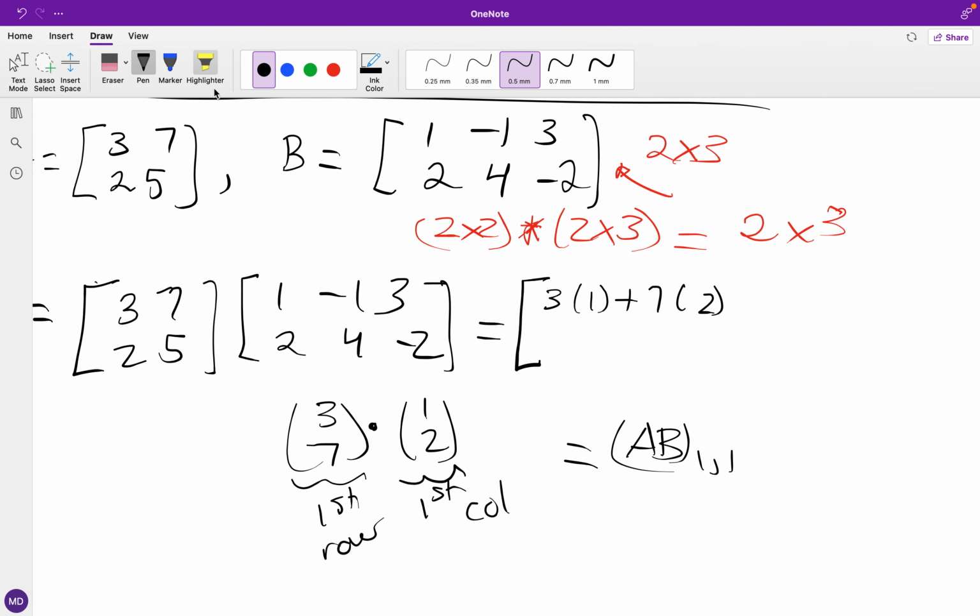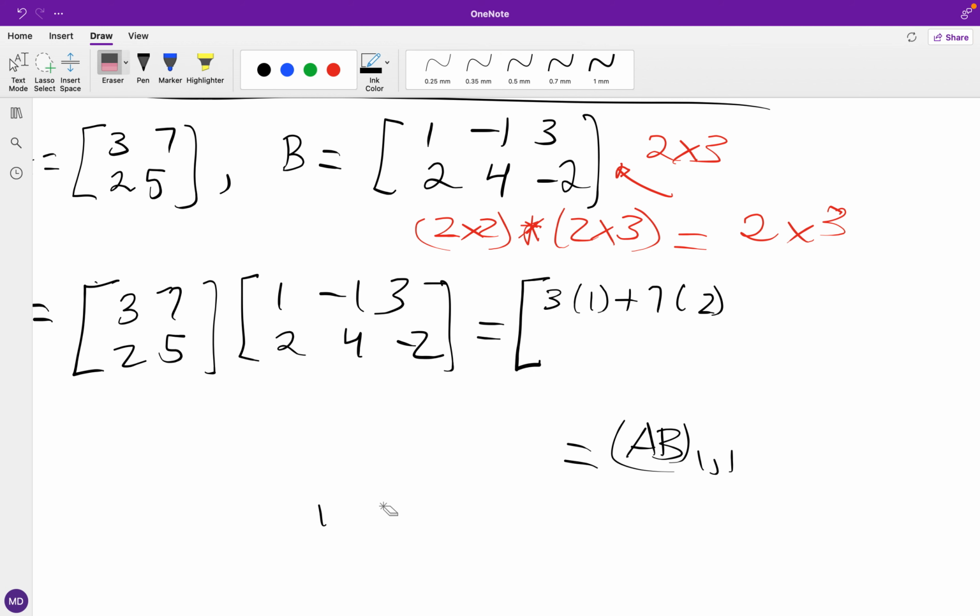Now, let me just erase this real quick. To get the other entries, you just take the associated rows and columns. So to get the first row, second column entry of the new matrix, we take the first row here and the dot product with the second column.